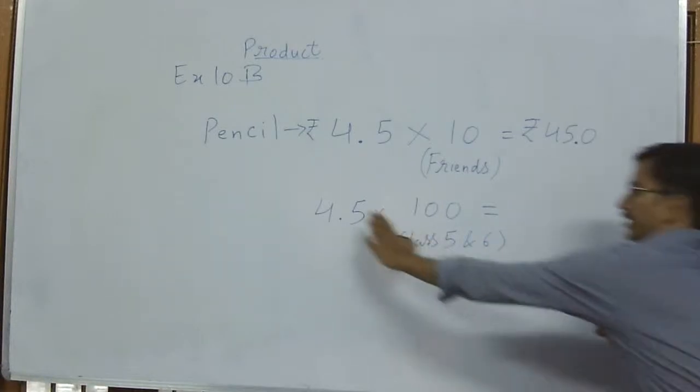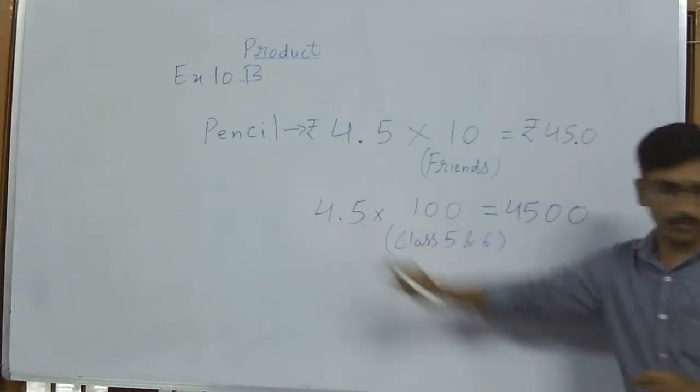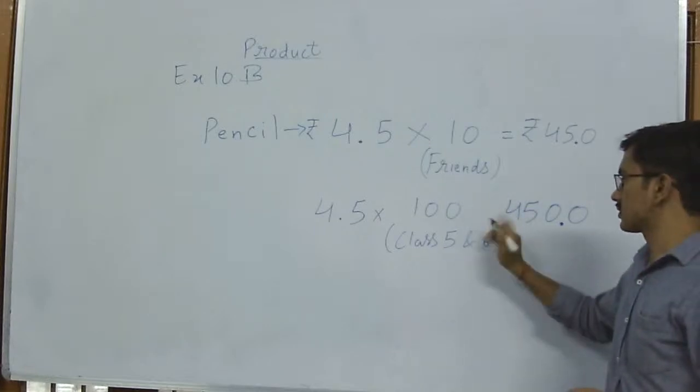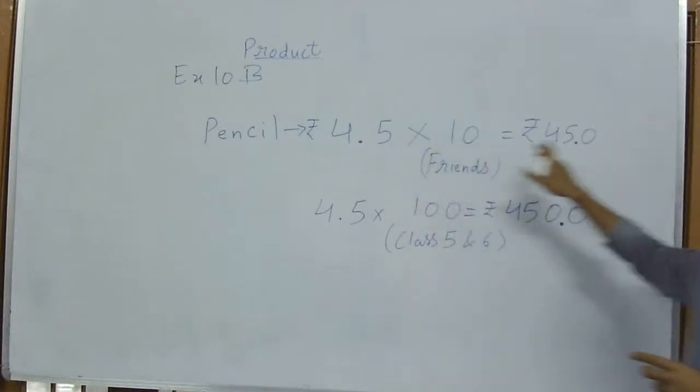If I don't count the point, I know it is 4500, but I have to put the point after how many places? One place, so the answer will be 450 rupees. Yes. So 4.5 multiplied by 10 is 45.